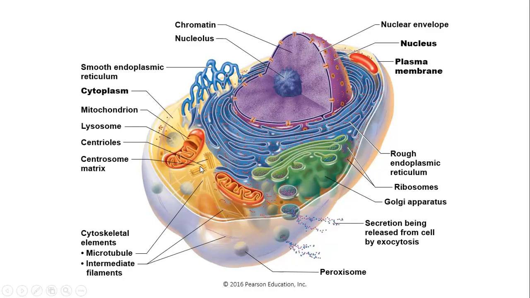So you have these centrioles. These centrioles are really important when it comes to mitosis. So during mitosis, your chromosomes have to get moved around. Your chromosomes get moved around from the middle of the cell, then they get separated, and so forth.